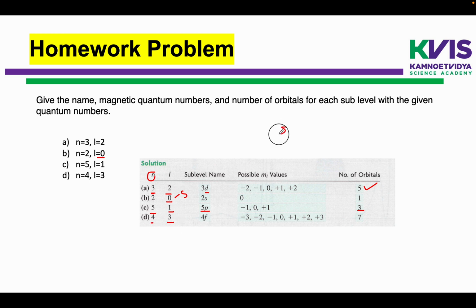So we have the s block, the p block, the d block, and the f block elements. We're talking about the f orbital, so that's a total of 7 orbitals.